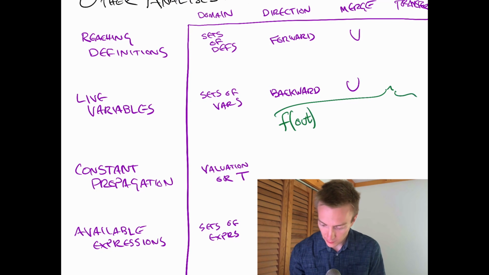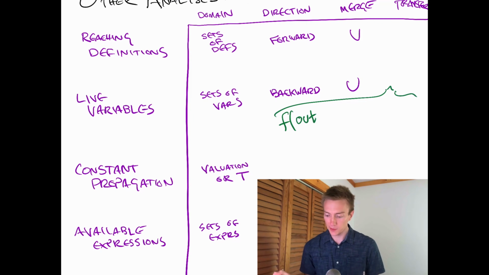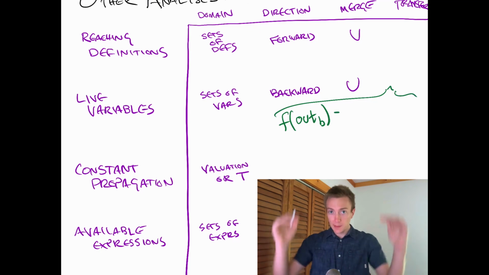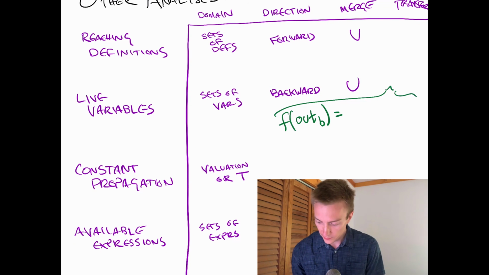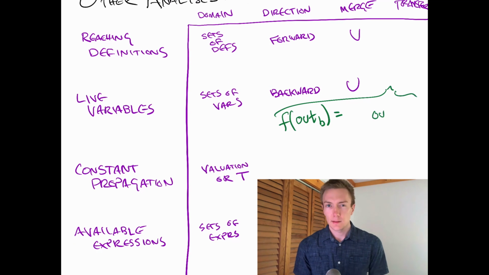So instead of computing the out value based on the in value, we will compute the in value based on the out value. For a given basic block, we have an output set of live variables, and we need to compute the input set of live variables, that is the ones that are live at the beginning of the block. So that's going to start with those things that are live at the end. And like before, this is going to have to do with set operations.